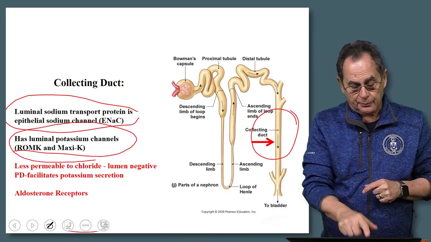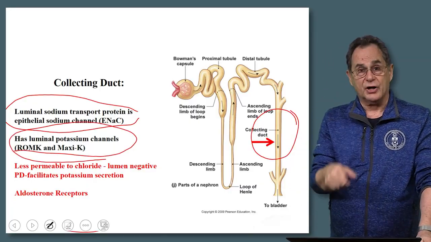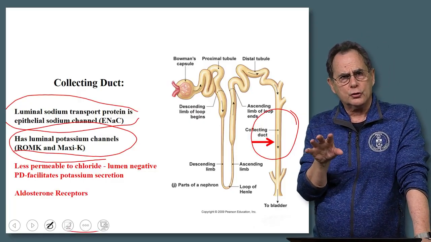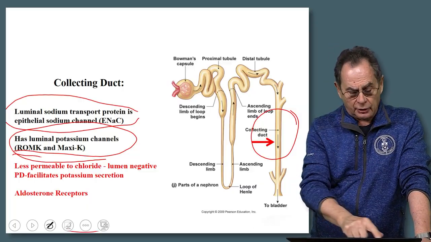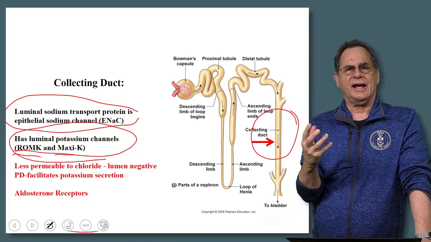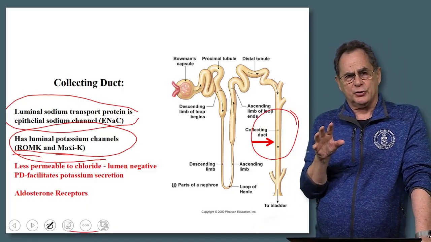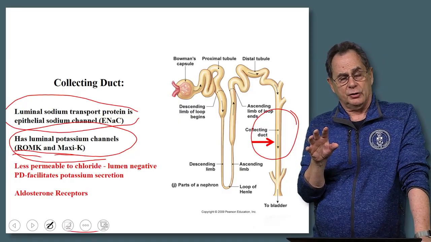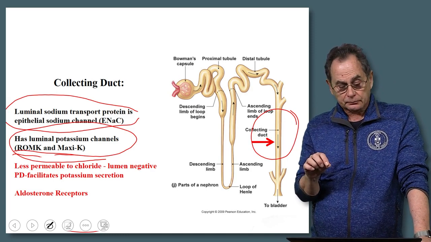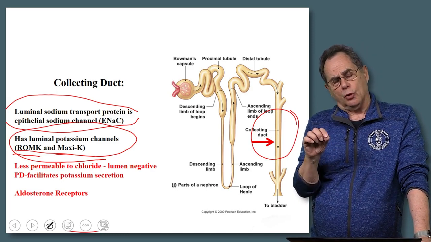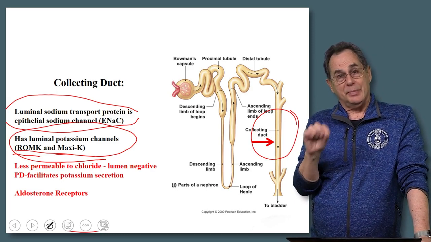There are lots of potassium channels in these cells, and I'll show you a closer cartoon of this, the renal outer medullary potassium channel, and another channel is called MAXI-K. In some physiology textbooks and in physiology research, this is referred to also as BK. MAXI, or B, the B stands for big potassium.